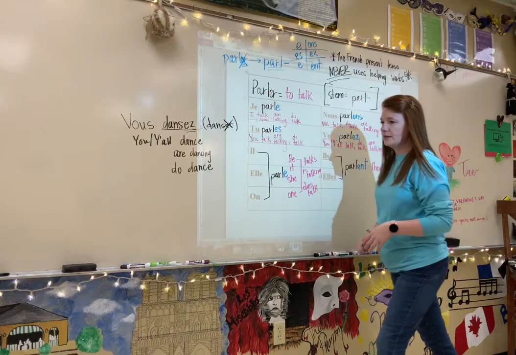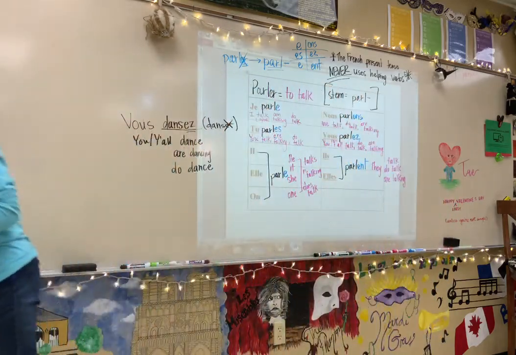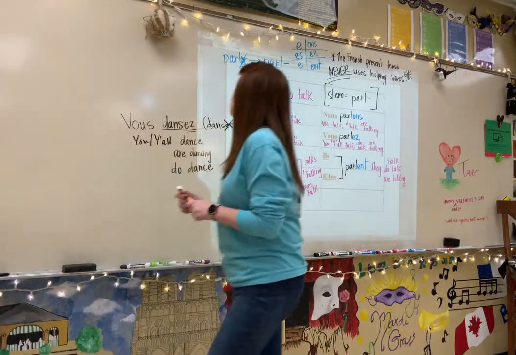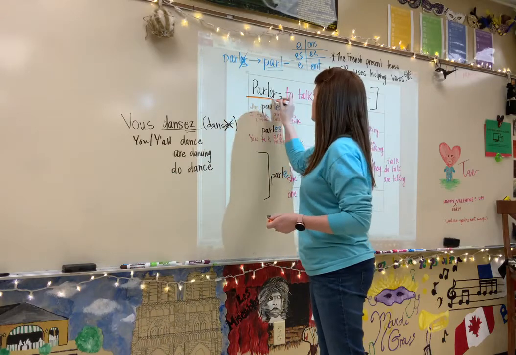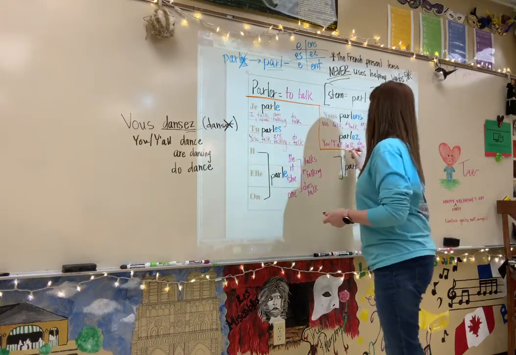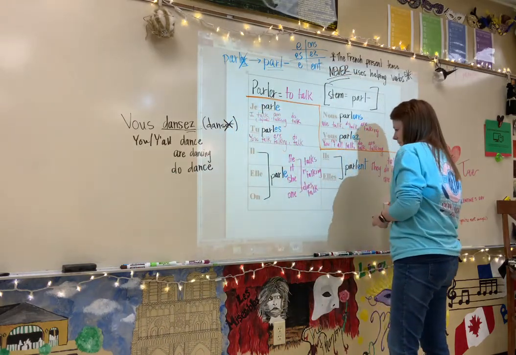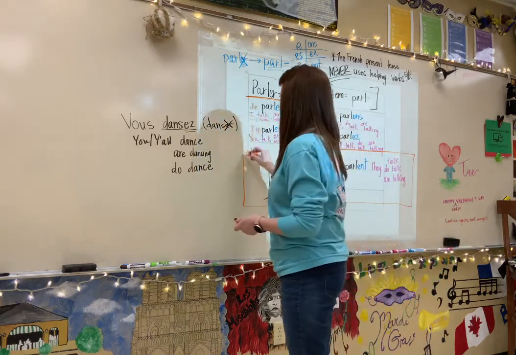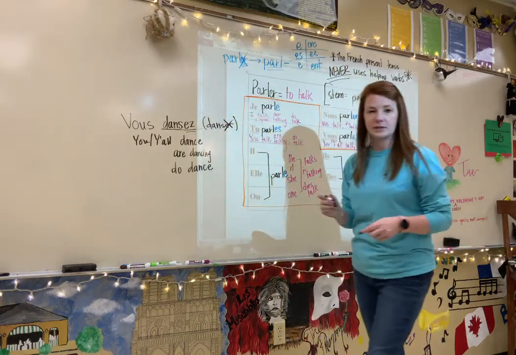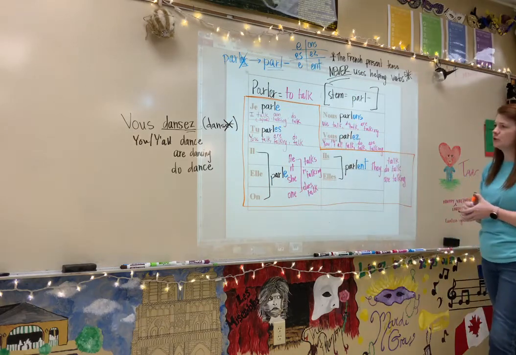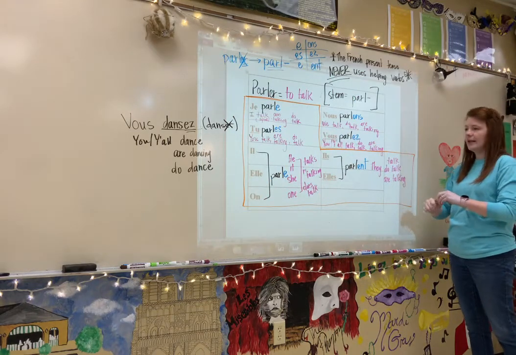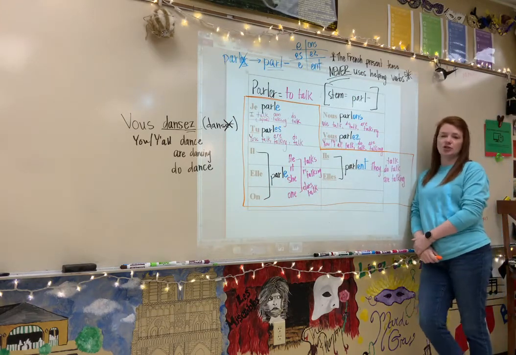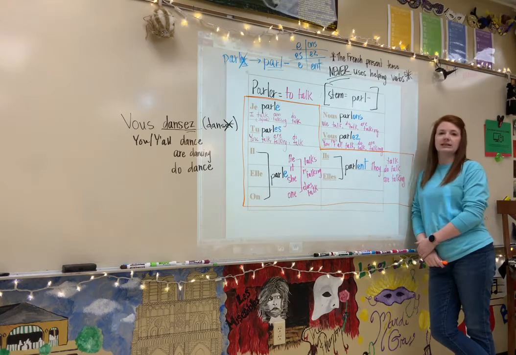So the other thing that you need to see is something called the boot. What happens with ER verbs, regular ER verbs in the present tense, is if you create a shoe or a boot, everything inside the shoe sounds exactly the same.